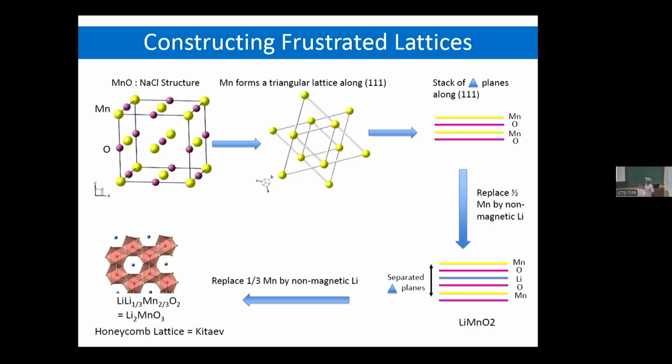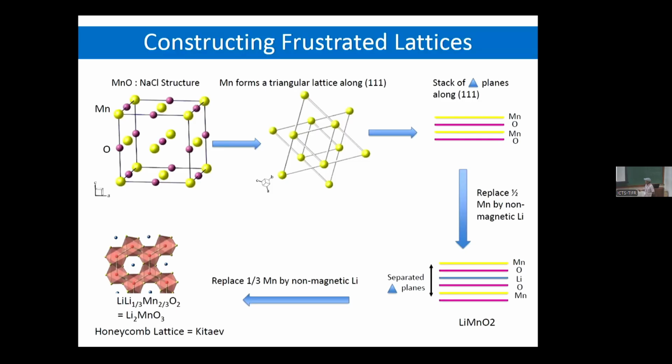So if I can somehow increase the separation between the triangular layers, I could make this quasi two-dimensional. So what one does is, if I replace half the manganese with lithium, I will replace every second manganese layer with a non-magnetic layer and end up with manganese, oxygen, lithium, oxygen, manganese. And now this is a system where the manganese triangular planes are actually well separated.